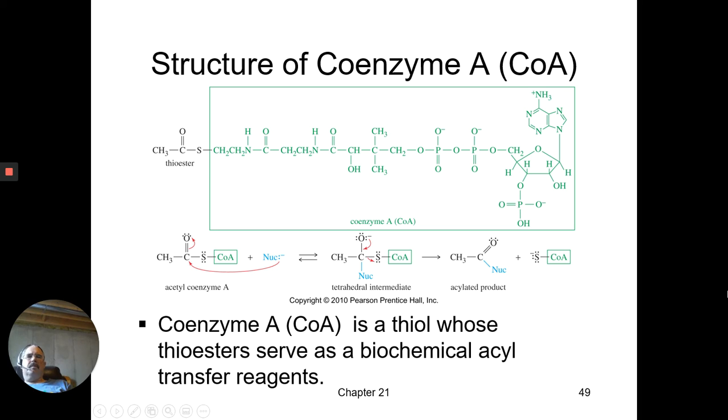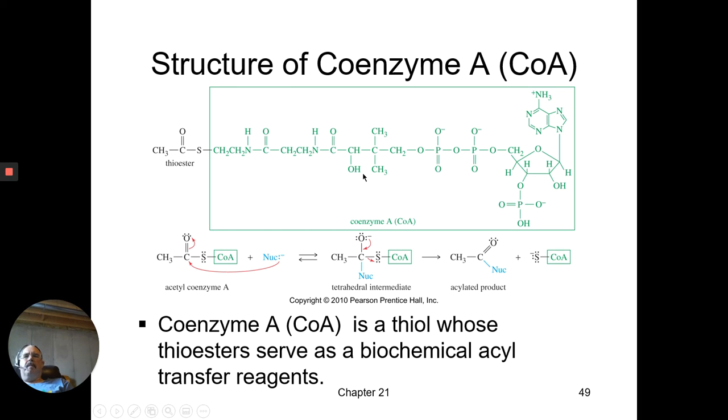So what's the significance of that? Both in the fact that we can transfer acyl groups, such as an acetyl group, and the fact that thioesters are not as easily hydrolyzed as carboxylate esters.